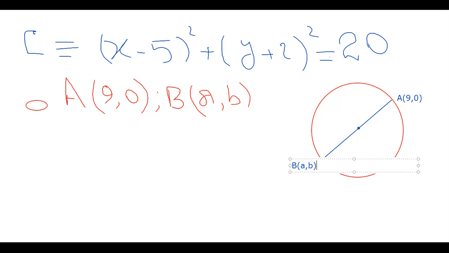So these are the coordinates of the two endpoints of the diameter, which is shown just like that. So what we are looking for is the value of a, small a. What should that a be? We are looking for a.